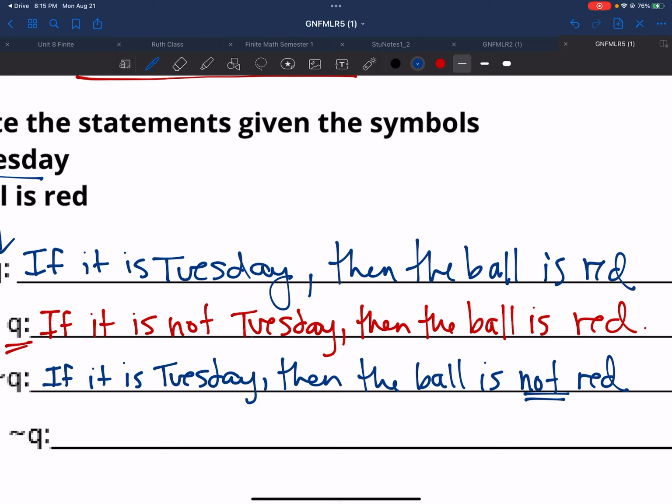And notice with each of these, we have if, then, if, then, if, then. Oh, hang on a second. I circled the wrong thing. Here we go.